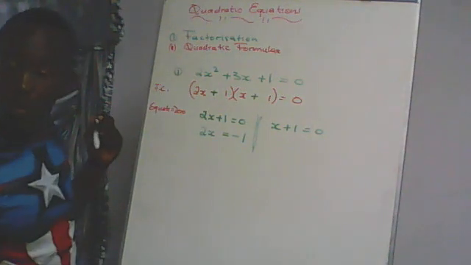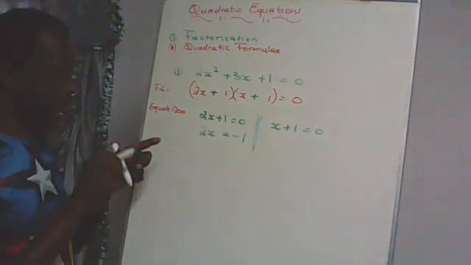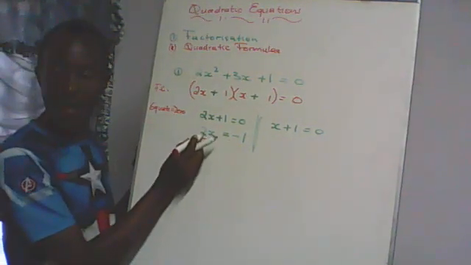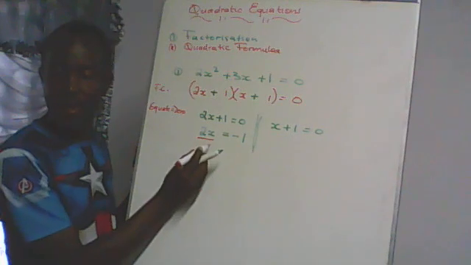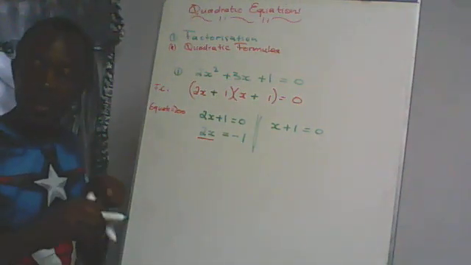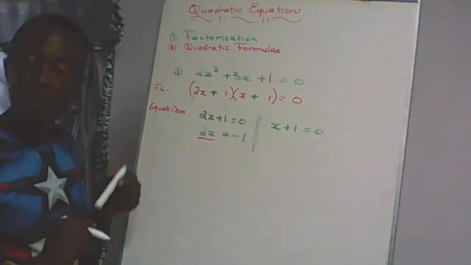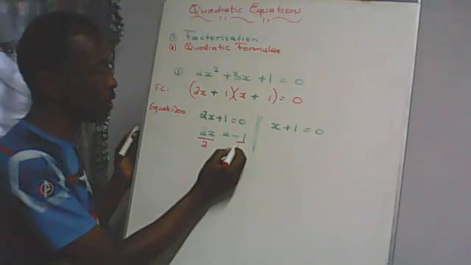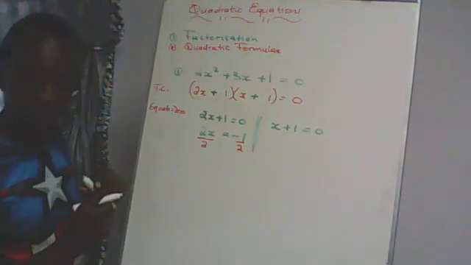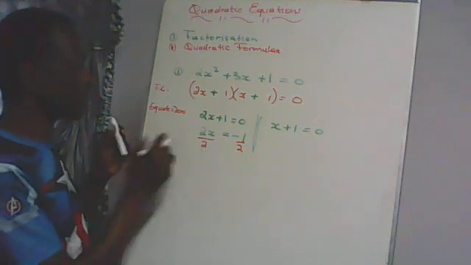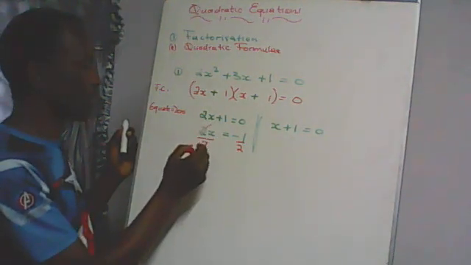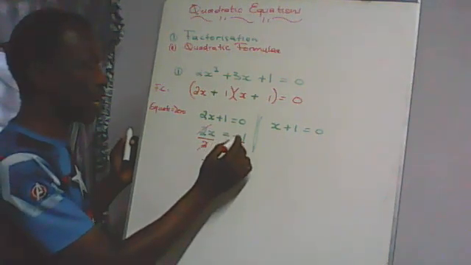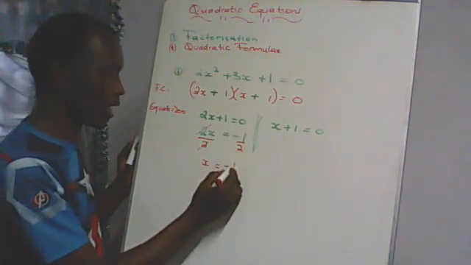What are we supposed to do there? We are now supposed to undo multiplication. 2x is 2 multiplied by x. Now we undo that in order to get the value of x by dividing by 2, both sides. And then this cancels, this divides into that, it leaves x. And then -1 divided by 2 is -half.